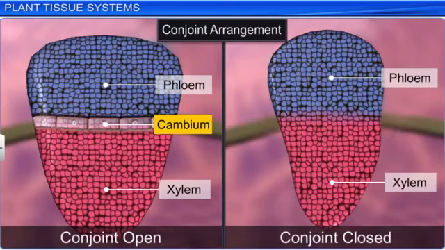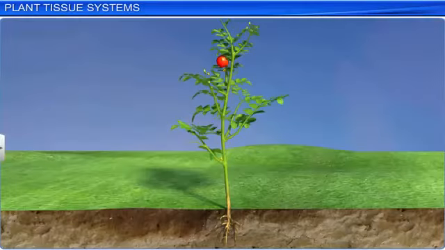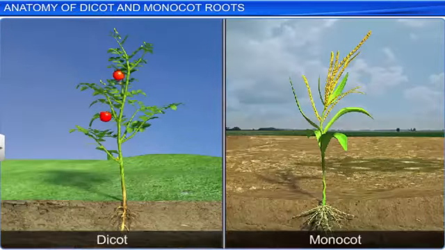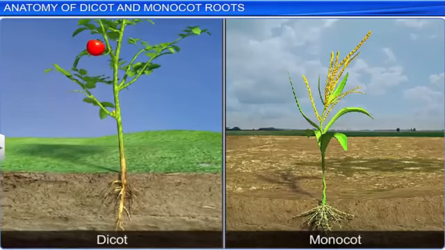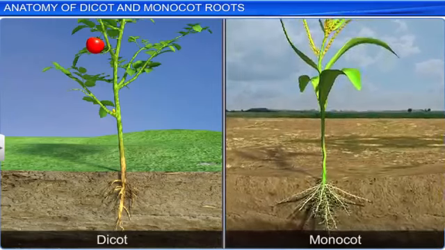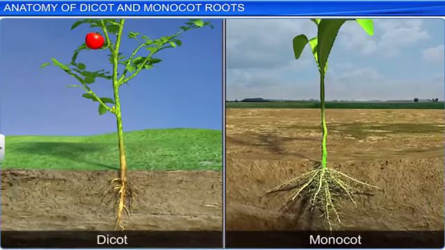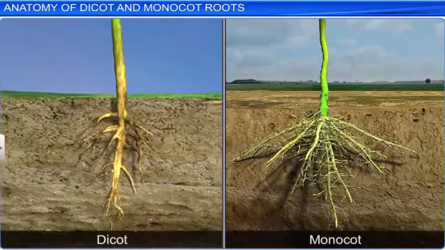The plant body has an intricate arrangement of various tissue systems that aid its growth and development. The root is one of the key organs that helps distinguish between a dicot and a monocot plant. Let's observe the transverse section of the matured zone of roots to understand their internal structure.